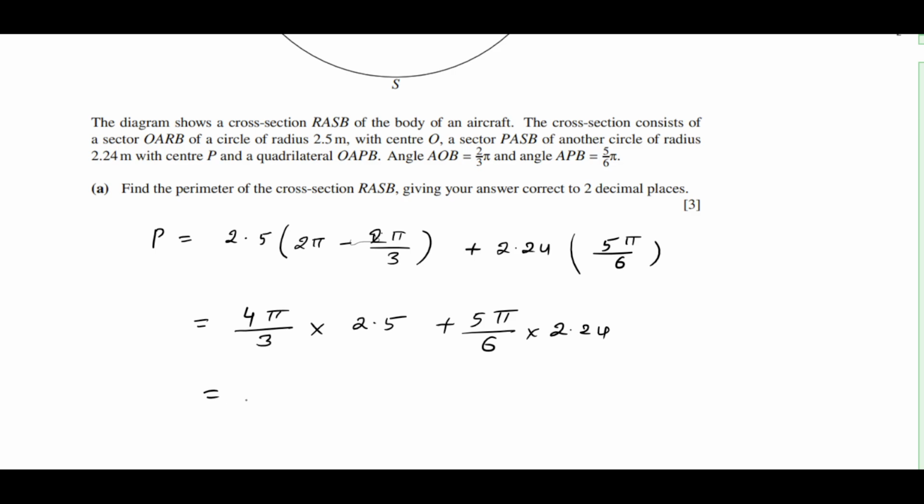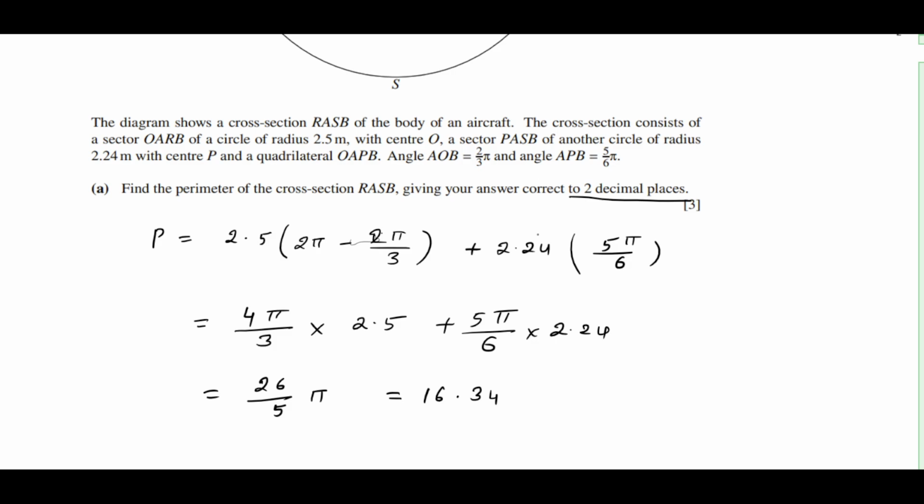So if we add, what do we get? It is 4 divided by 3 times 2.5 plus 5 times 2.24 divided by 6, and the result is 26 divided by 5 times pi. Now I have to write the answer in two decimal places, so we convert it into decimal form and we get 16.34.